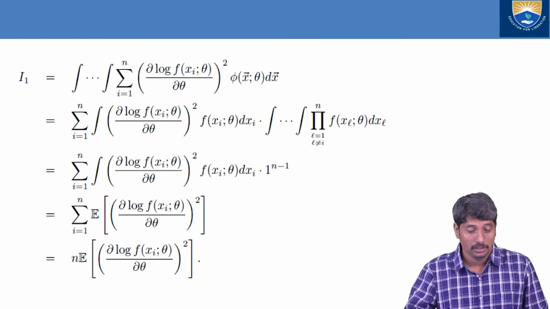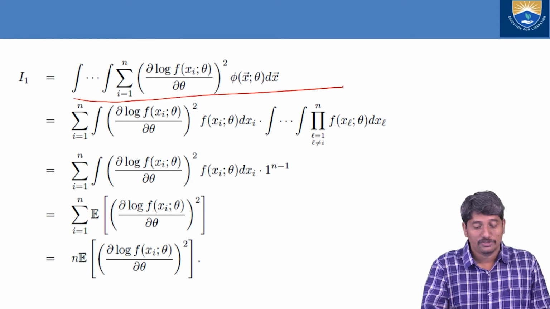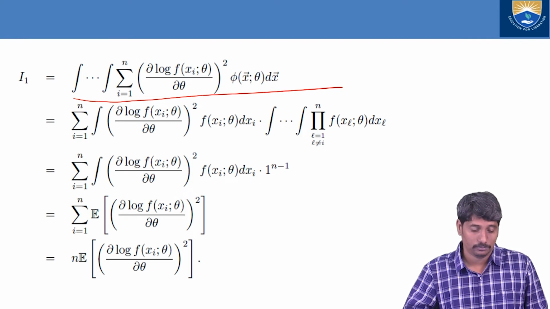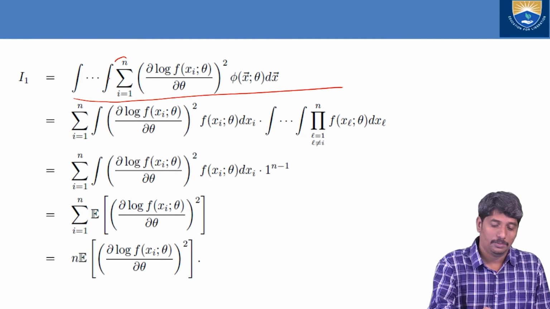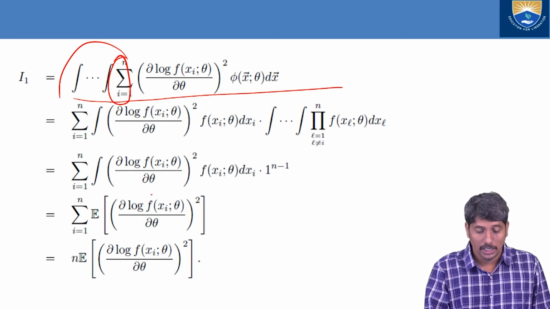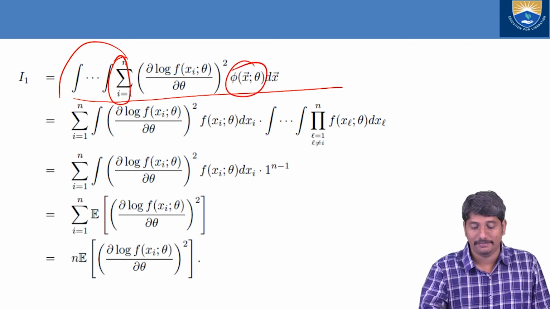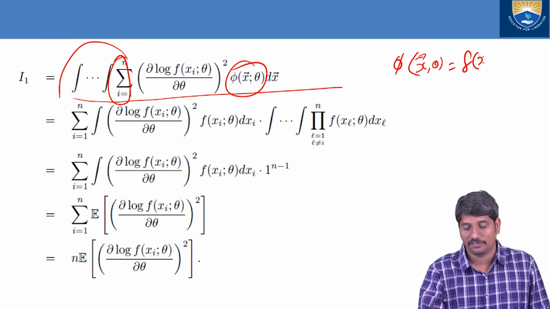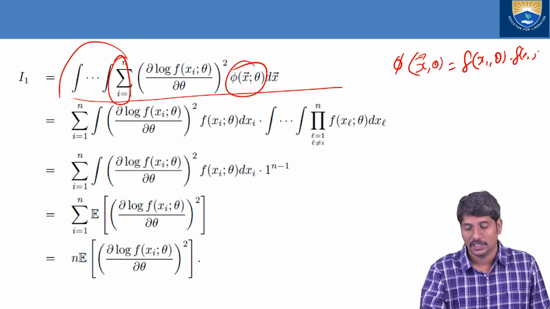Now I1. I1 means n times the integral of the summation i equals 1 to n of (dou by dou theta of log of f of xi comma theta) whole square phi of x cap comma theta dx cap. Now, the summation comes out. See here again, what is phi? Let us just recap. Phi of x cap comma theta is nothing but the product of f of x1 comma theta into f of x2 comma theta, and so on, up to f of xn comma theta, right?